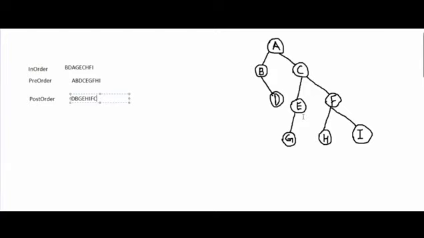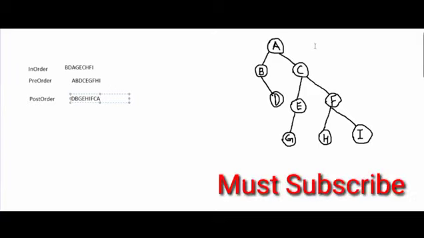So this is how you can write the in-order, pre-order and post-order of the given example tree. In the next video we will discuss how you can construct the tree back using the pre-order and in-order, and post-order and in-order.